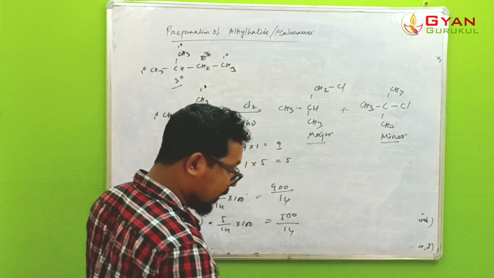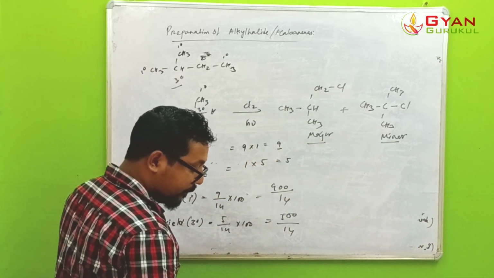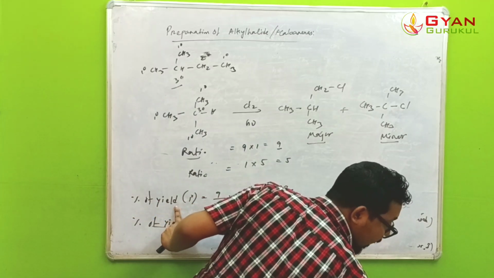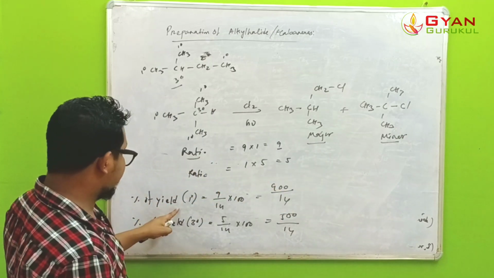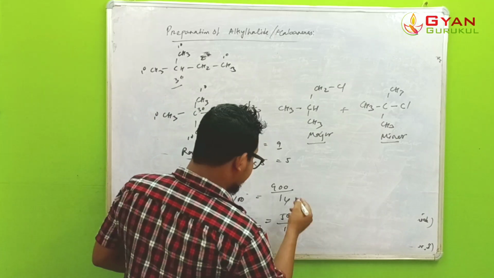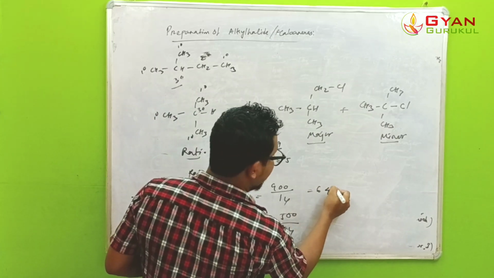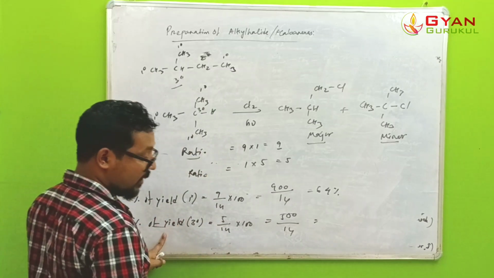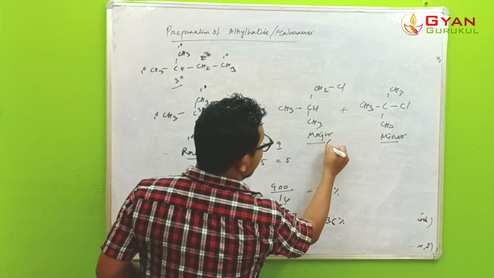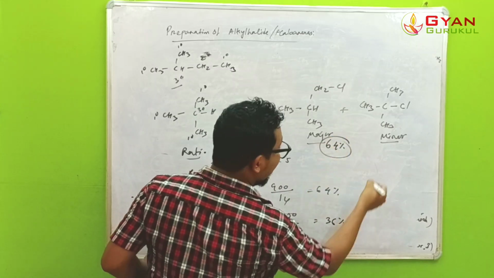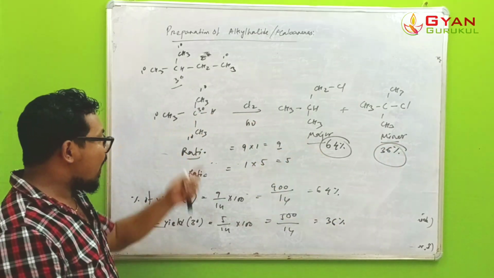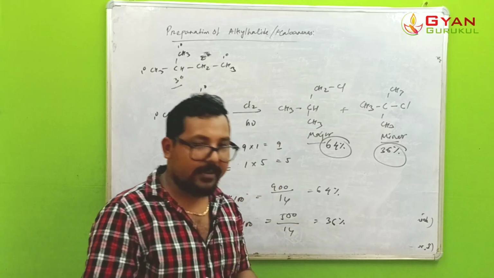This is the measured product, and this is the selectivity and reactivity ratio.